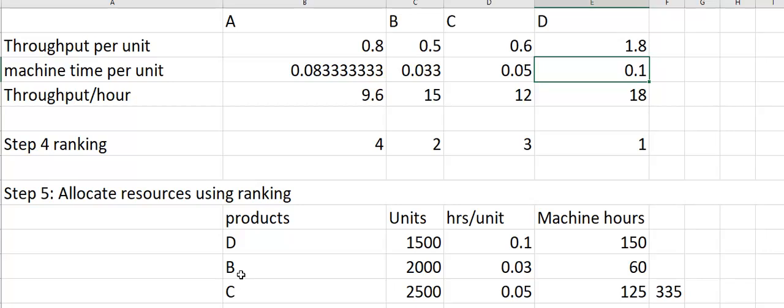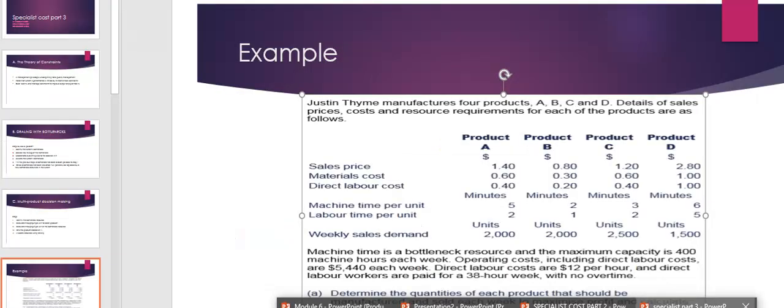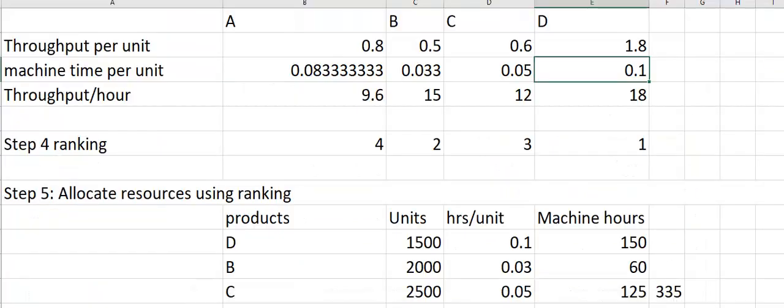Then B is also a good product. We should make sure we allocate all units of B because it's the most performing product. So B, how many units? B has 2,000 units. So 2,000 units times hours per unit of B, which is 0.033.